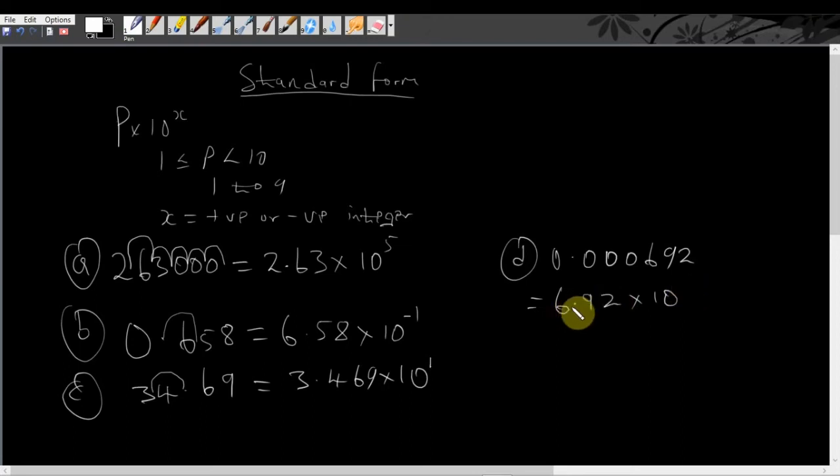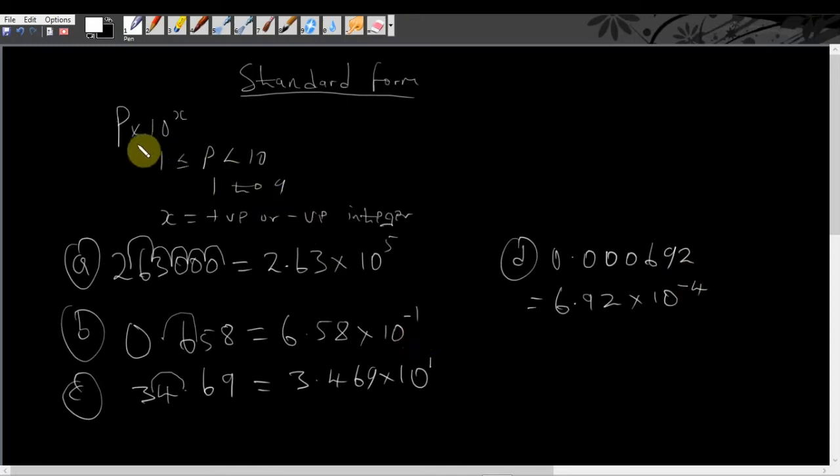Remember, you put the dot after 6, which is the dot came here. Begin from there and know what will be the number of values that appeared before the dot. If you count from this 6, you are counting 1, 2, 3, 4, which is power minus 4 because you went toward the left hand side.